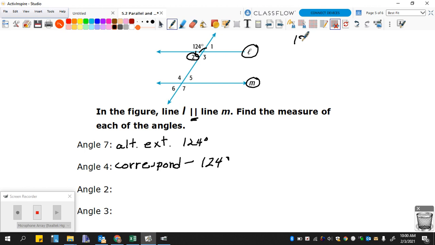So we have 180 minus 124. So when we subtract, 10 minus 4 is 6, 7 minus 2 is 5, and 1 minus 1 is 0. So angle 2 is 56 degrees, because it's supplementary.